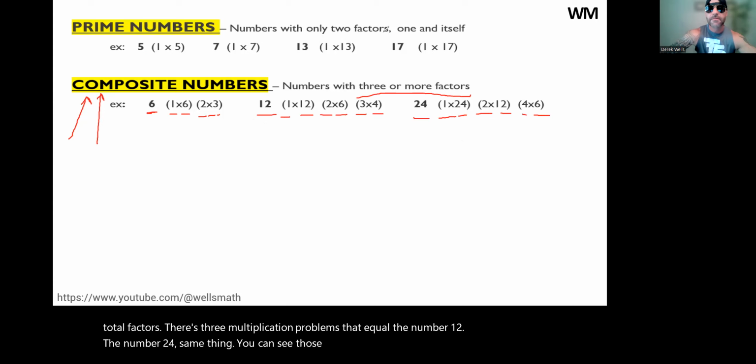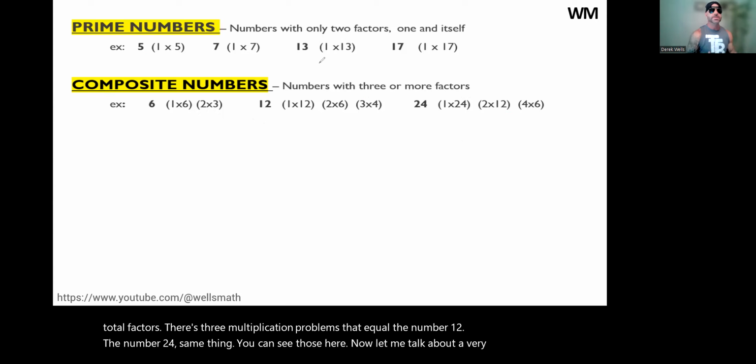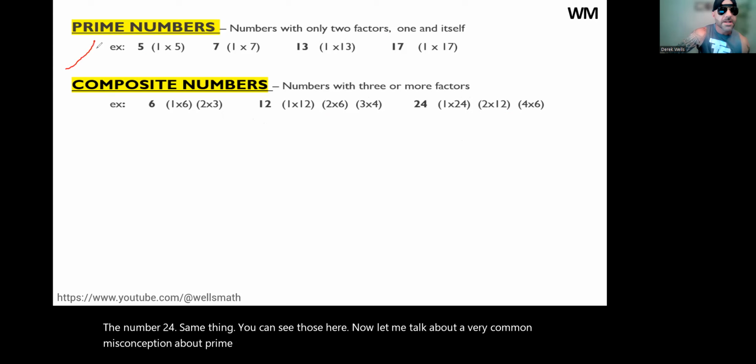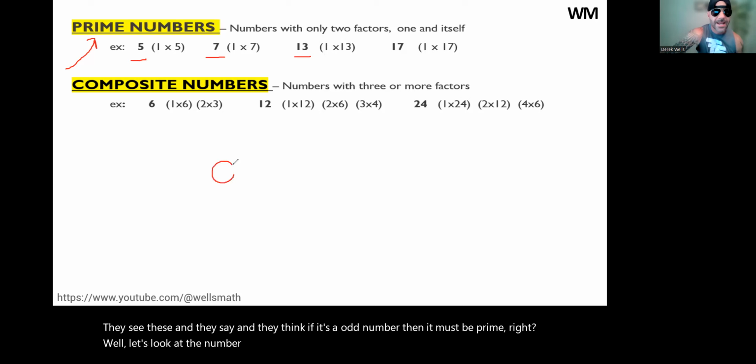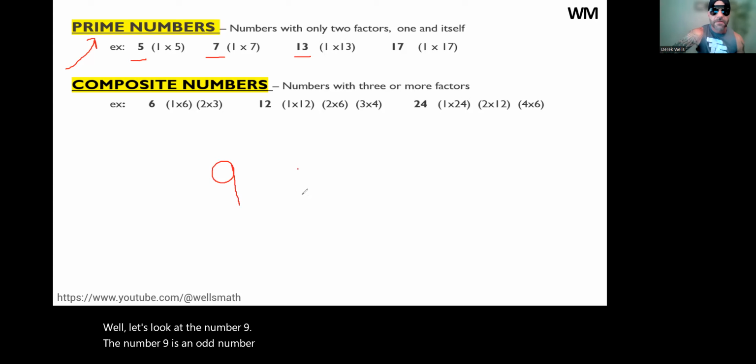Now, let me talk about a very common misconception about prime numbers. A lot of students, when I ask them to list some prime numbers, they see these and they think, oh, if it's an odd number, then it must be prime, right? Well, let's look at the number 9. The number 9 is an odd number, and we know we have the multiplication problem 1 times 9.